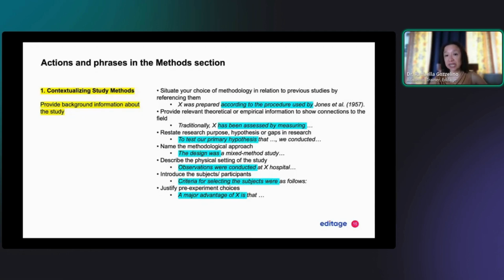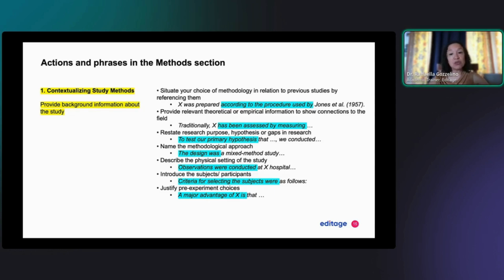You can reference this methodology by saying "X was prepared according to the procedure used by," or you might want to provide the relevant theoretical or empirical information to show connections to the field, like "traditionally, X has been assessed by measuring," or you want to restate the research purposes, hypotheses, or gaps in research by saying "to test our primary hypothesis that," or name the methodological approach.